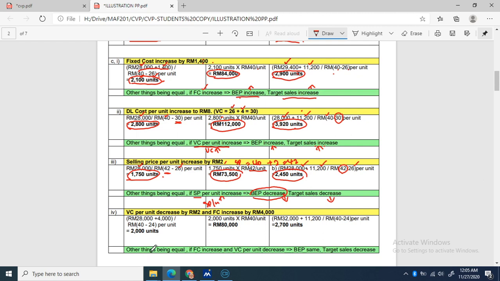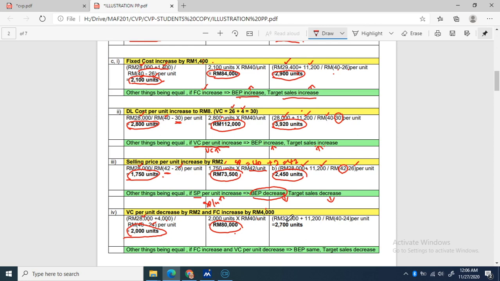So fixed cost 28,000 plus 4,000, divided by the selling price, which does not change, 40, minus variable cost, now decreased from 26 minus 2, you get 24. So the BEP unit is 2,000. To get the BEP in RM, 2,000 times 40, selling price doesn't change, 80,000.